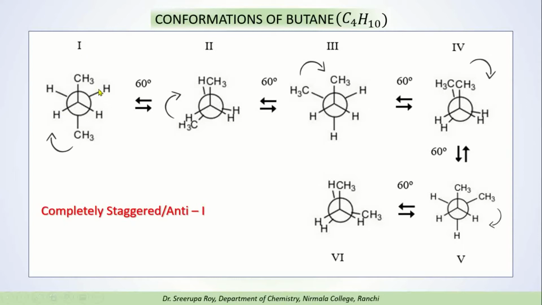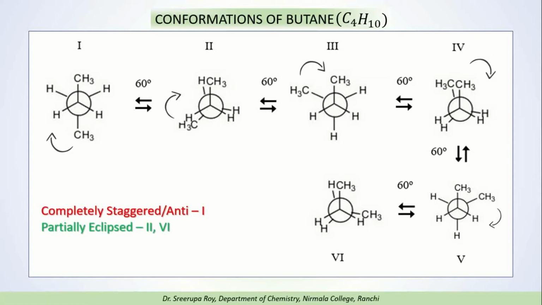As you can see in this picture, the first form is the completely staggered anti form. In this, the methyl groups are far apart from each other. That is how we describe an anti form. One rotation operation about this carbon-carbon single bond by 60 degrees in clockwise direction generates the conformation 2, which is the partially eclipsed form.